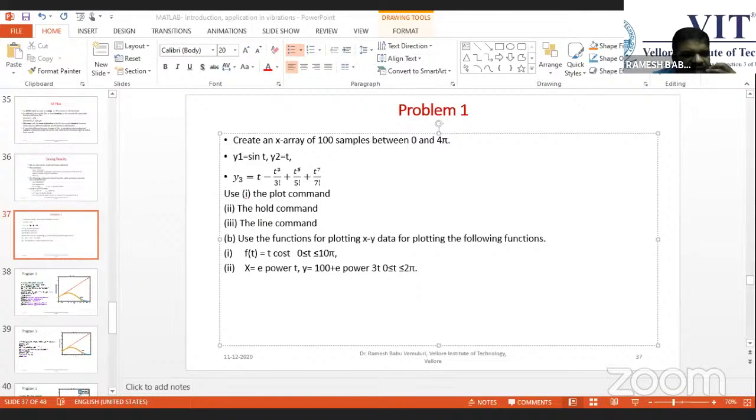Then same thing with a line command. Line command. You got the, now here X label, Y label, title we have given. So here it is called a legend. Legend sin t, linear approximate, 7th order approximation. So each one we have given differently. Then if you want some separation, maybe you can give here some other separation, like previously we have given, like star or something like this.